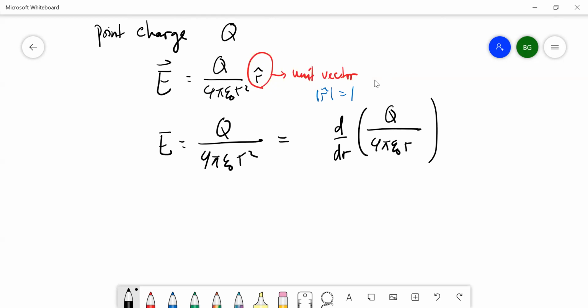Okay, you have already learned about differential properties, yeah? So this should be minus here. It's additional.